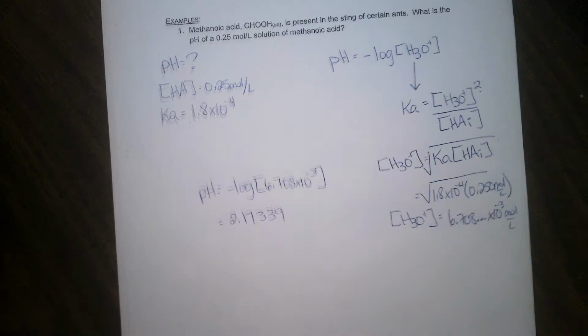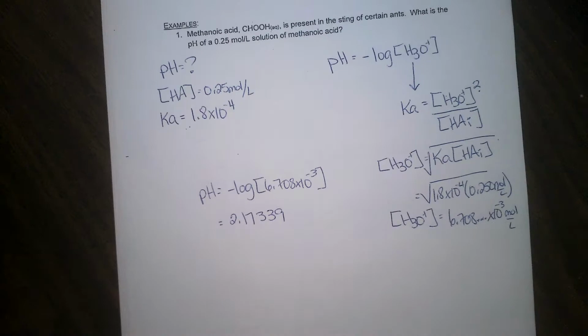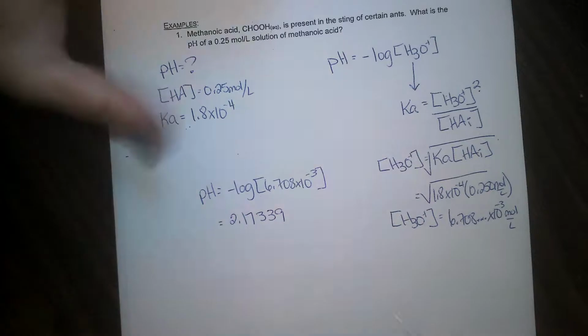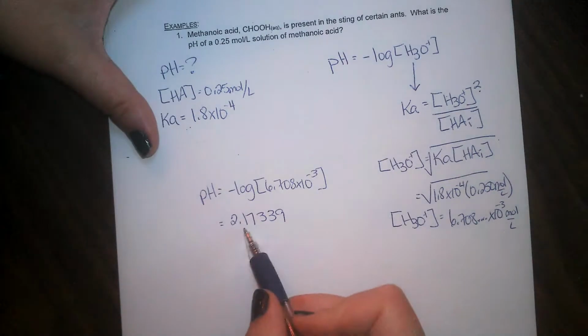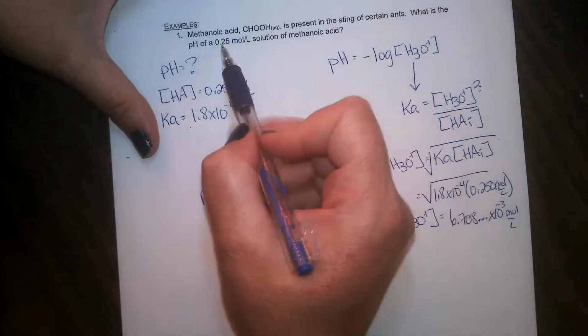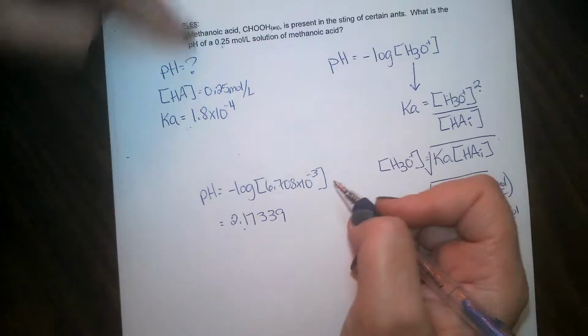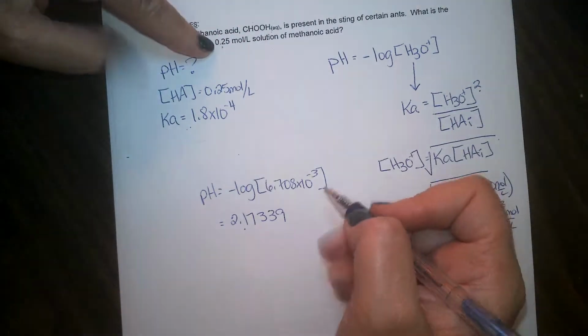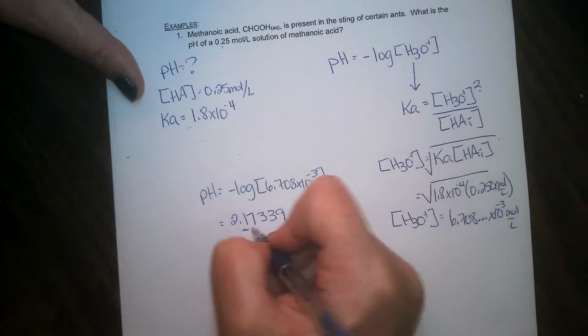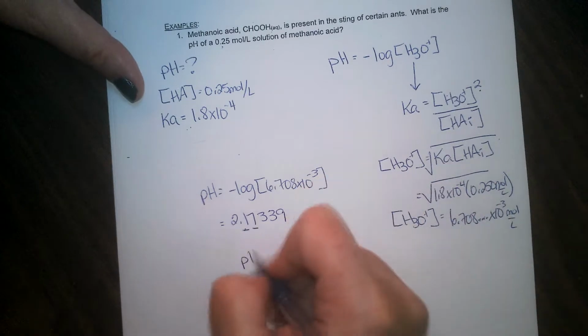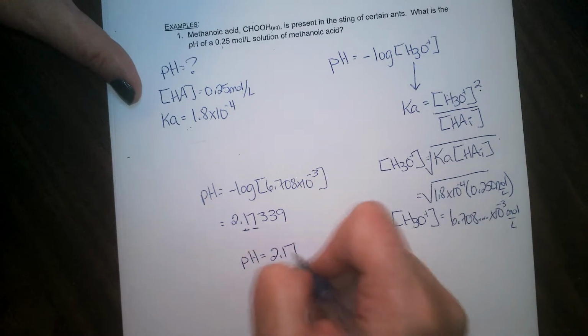Do we remember how to do pH significant digits? Do you remember how many decimals we need? Okay, in order to figure out the number of decimals in a pH, it's the number of significant figures in the problem. So this one has 2 sig digs with the 0.25 moles per liter. So we're going to take these 2 decimals. So the pH is equal to 2.17.